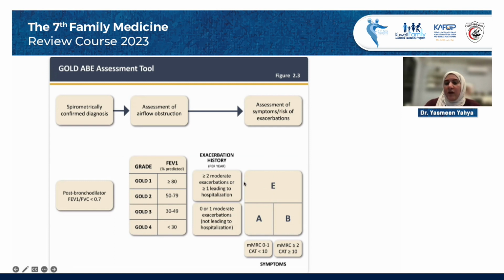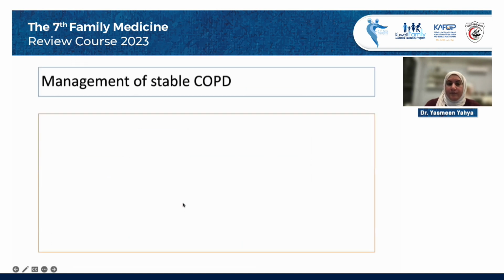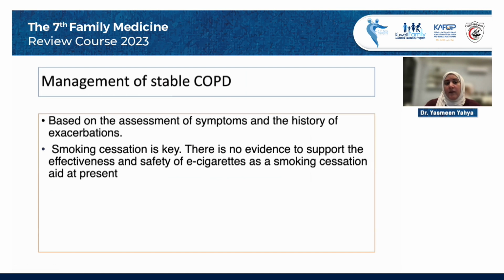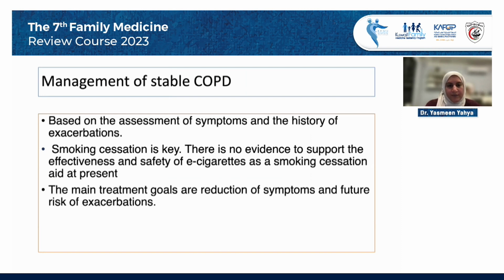All patients who have 2 or more moderate exacerbations or 1 exacerbation leading to hospitalization per year are now fused to group E. Based on the assessment of symptoms and history of exacerbation, you will know which group your patient is in, and this will help you to decide the initial treatment for your patient.